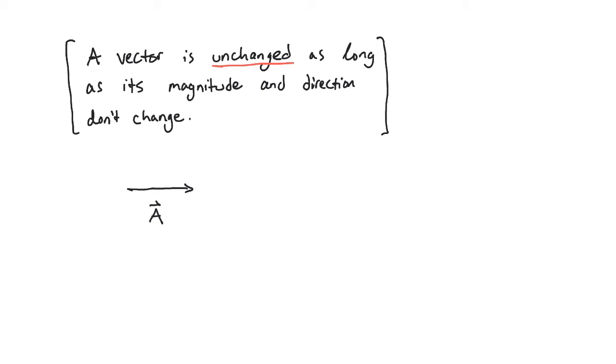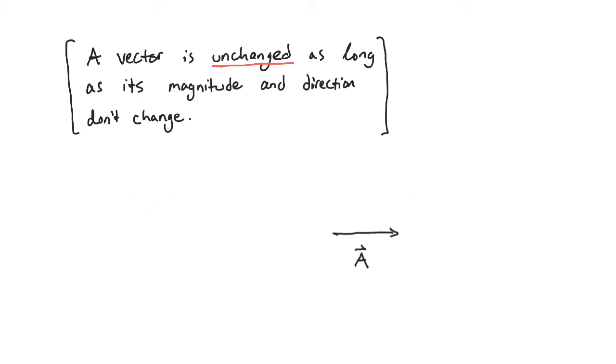The first thing to note about vectors is that they remain unchanged as long as their magnitude and direction don't change. So for example, I've just drawn some vector. I'm calling it vector A. Remember, this half arrow is the notation we use above the variable to denote that it's a vector quantity. And here is the vector as drawn by that arrow. And I could literally grab it and move it over here.